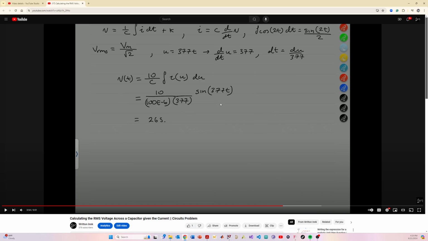If the current was a sine and we integrated to get a cosine, we'd have to change the cosine by shifting it to get a sine. So with that said, let's see what our instantaneous voltage is. Right here, we have the amplitude and we have it in a sine format.